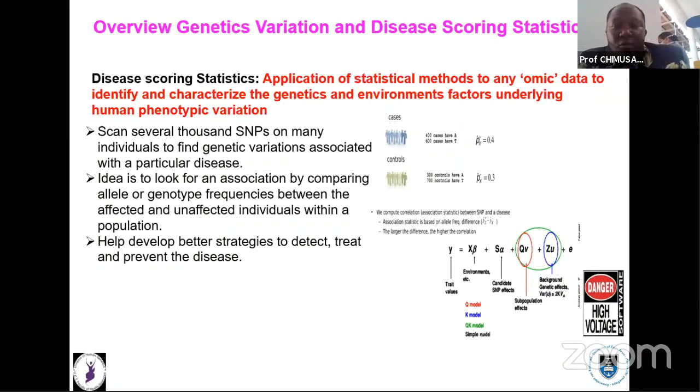So you can construct a mixed model that we call an association model, and other people call disease scoring statistics. We have predictors and a dependent variable, and we can build tests to find the level of significance of particular predictors, which can be a location in your DNA, to be associated with a particular disease by comparing two groups of sick and healthy people based on their DNA material.